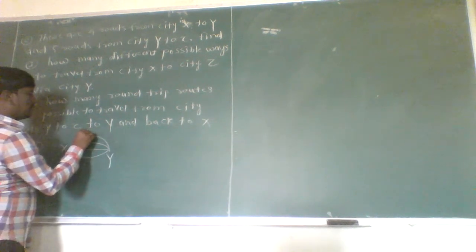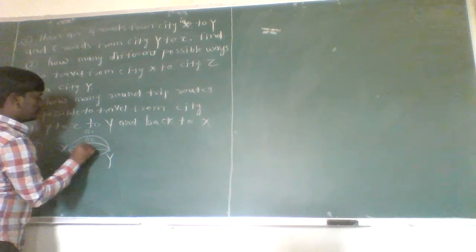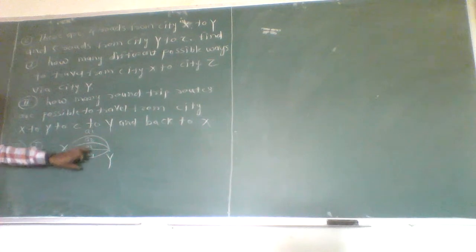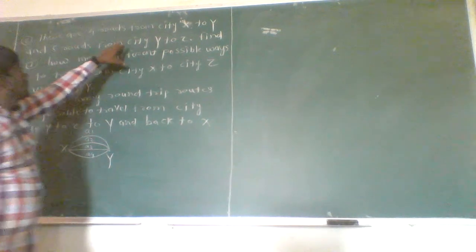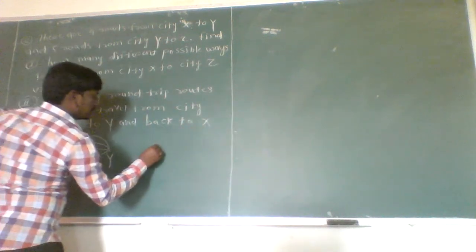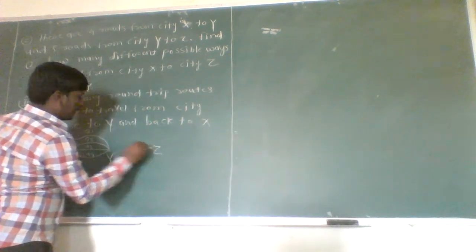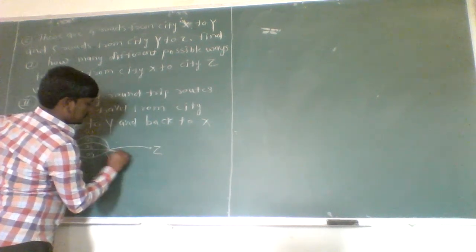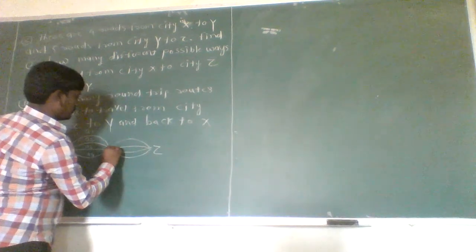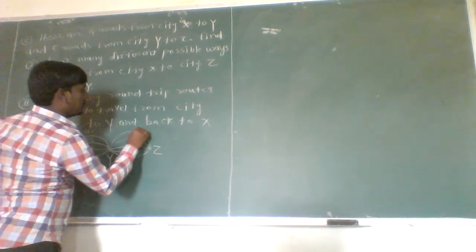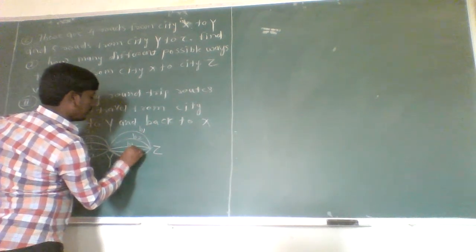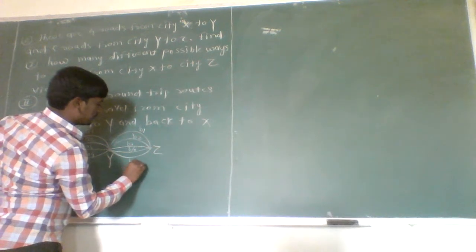That is A1, A2, A3 and A4 are 4 routes from city X to city Y, and there are 5 roads from city Y to Z. If suppose here is Z, then there are 5 routes, that is B1, B2, B3, B4 and B5.